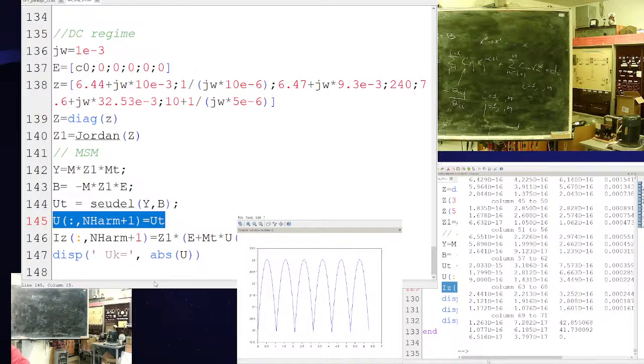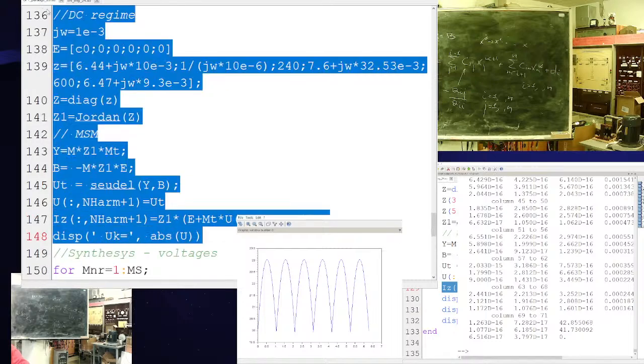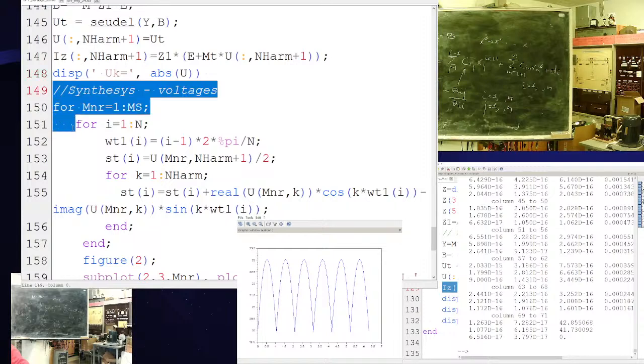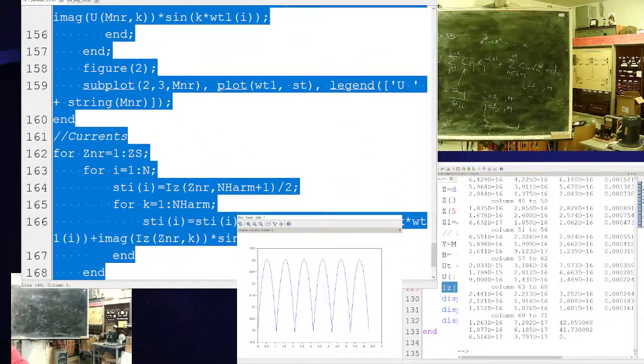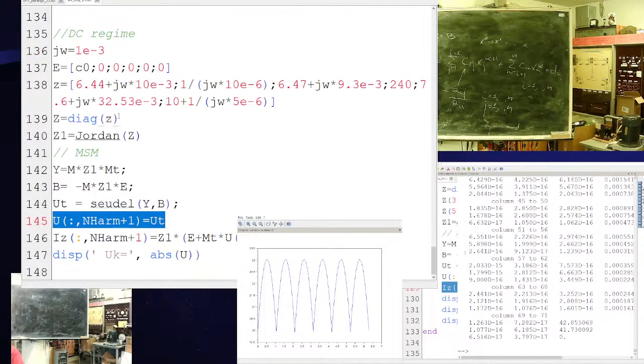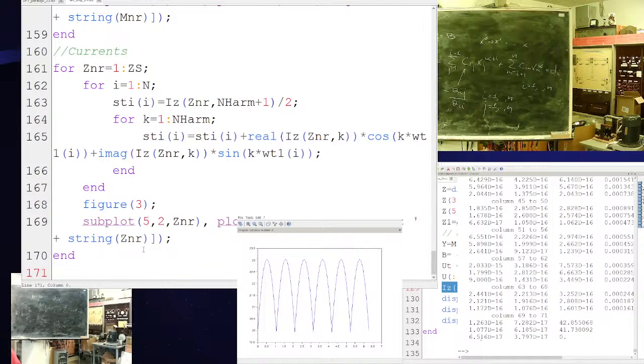Now it's time to get time functions. Here is my synthesis and currents. I will perform a synthesis.